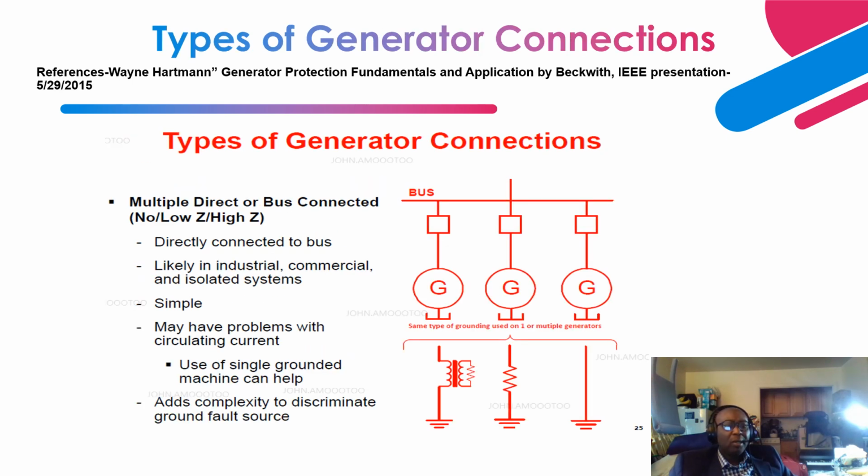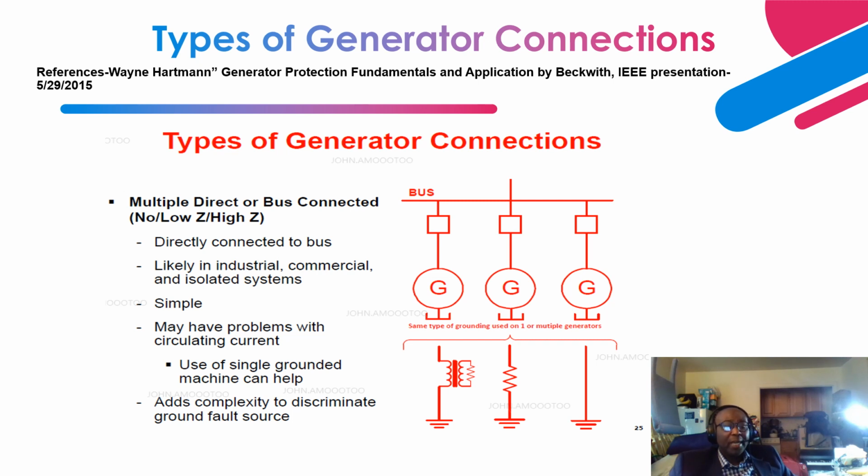Okay, so you can also have different grounding schemes on different generators. Let's say at an industrial or commercial facility, you can have two or three generators, and you can have one generator connected in high impedance, one generator connected in low impedance, and one generator connected in a solidly grounded system, right? With no grounding on the neutral part.